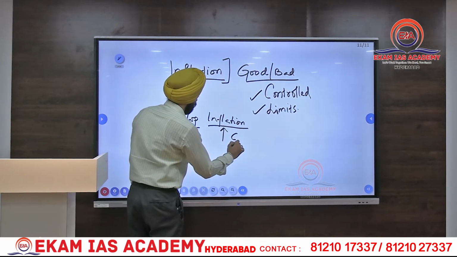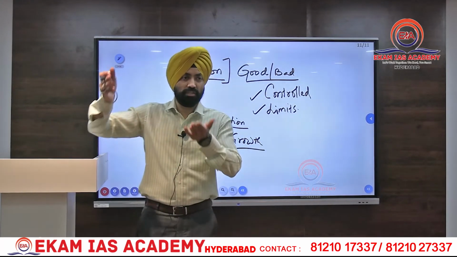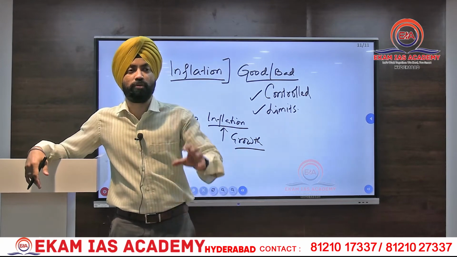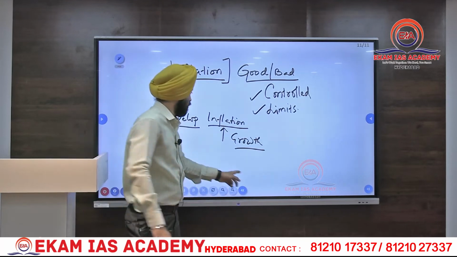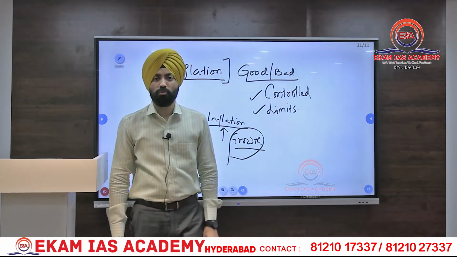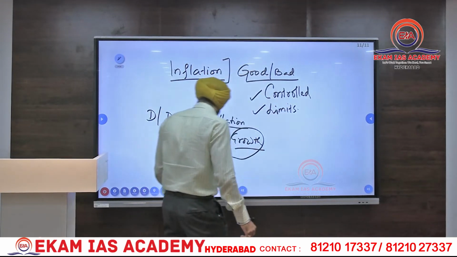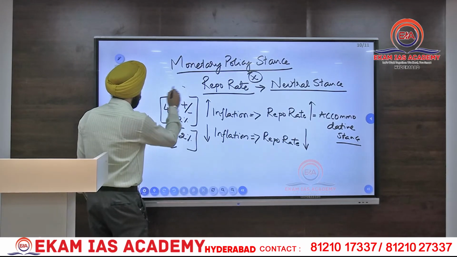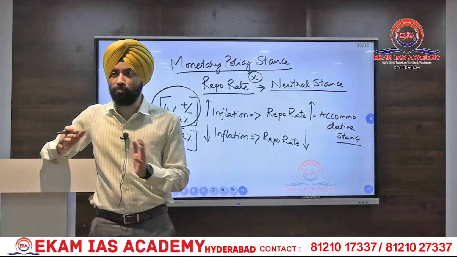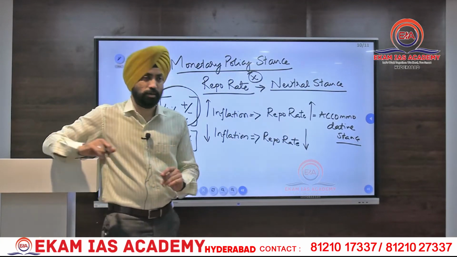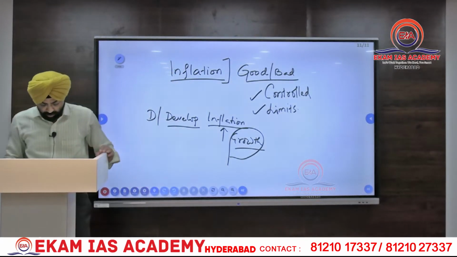Because without inflation you cannot attain growth. Advanced economies have already reached that growth levels, so they are very restrictive. The moment the inflation goes high, they immediately stop because they are not bothered much about the growth levels, as they have already attained them. So keeping all this in mind, India has decided this is our acceptable inflationary band. Anything within this, we are okay with that, right? This is the crux of this entire chapter, what I have tried to explain to you.